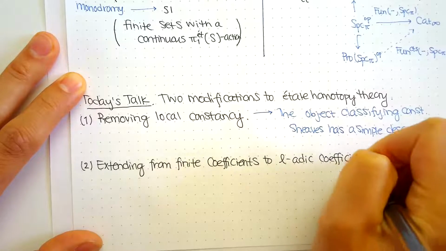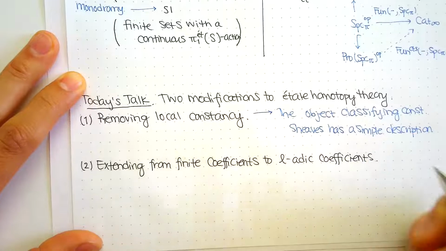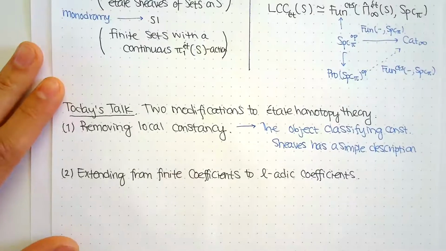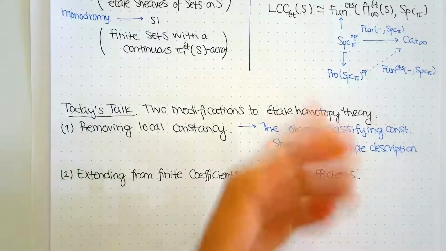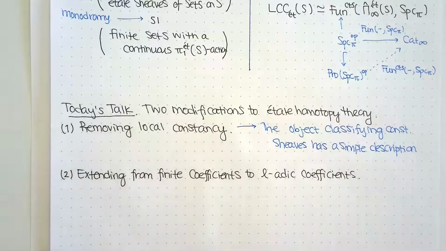Peter, so do I rightly understand that in the first part, when you remove local constancy, you also say something new about the classical story, right? Yeah, you also see something new about the classical story. If you're kind of upset because I didn't tell you what this Étale homotopy type is, this will also give a new definition of the classical thing.